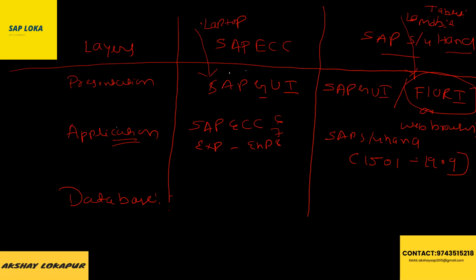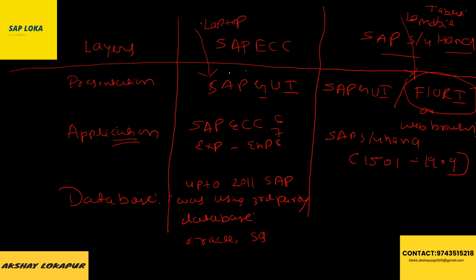Database layer, if you check, up to 2011, SAP was using different third-party databases. This is a major difference. Third-party databases like Oracle, SQL Server. Different third-party servers they used to use to store the data, up to 2011.